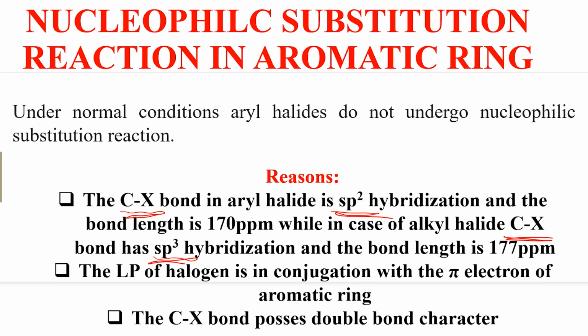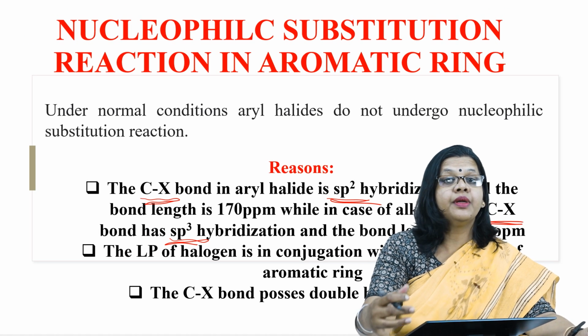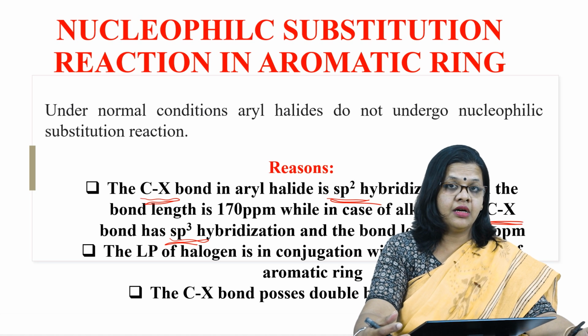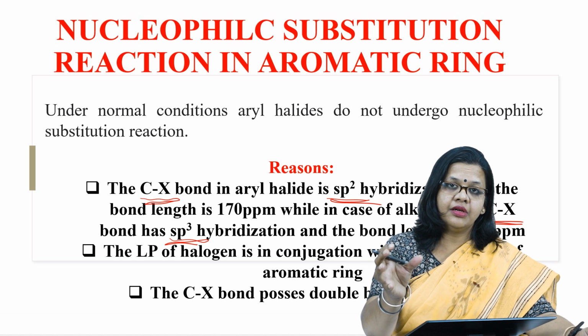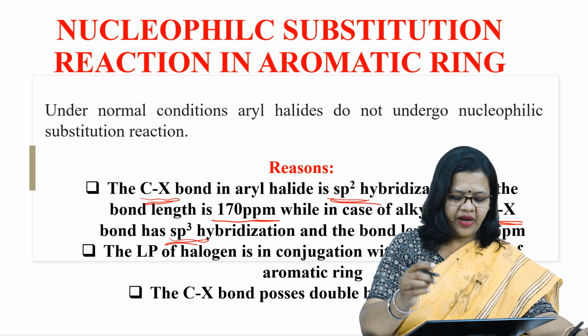As we have studied about hybridization, we know that in sp2 and sp3 hybridization, the percentage contribution of s and p orbitals is different. The more the s orbital contributes, the shorter the bond length becomes. So, that is the case in aryl halides.